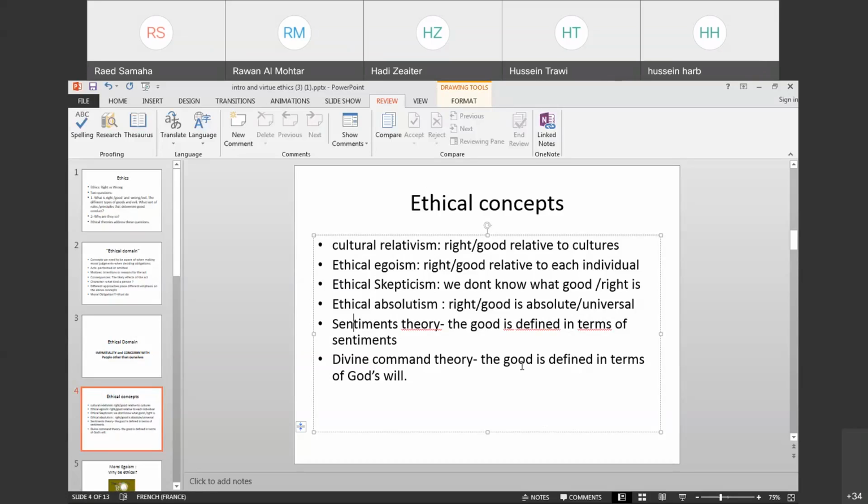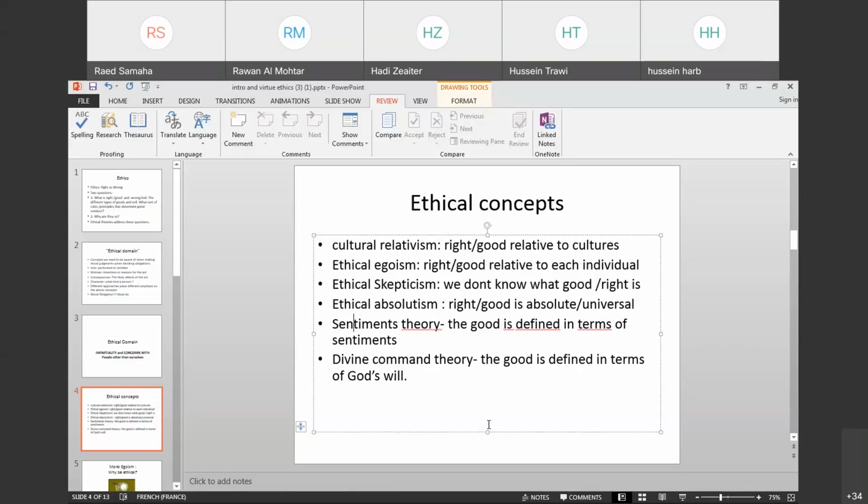The final concept, and I think I'll stop with that, is divine command theory. By the way, that theory was introduced in the 18th century. It is a theory that defines goodness in terms of God's will as expressed in holy books. So good or wrong are defined by what God wills in the holy book.